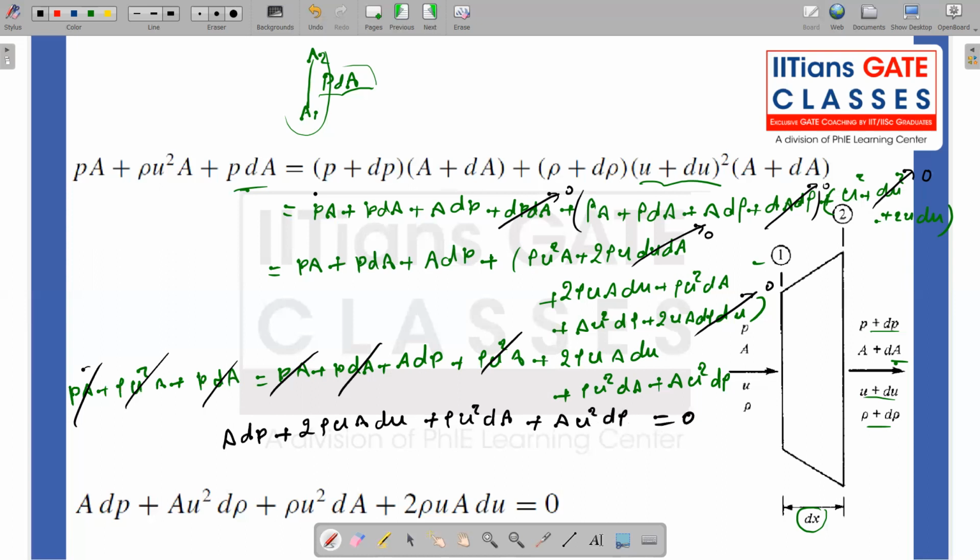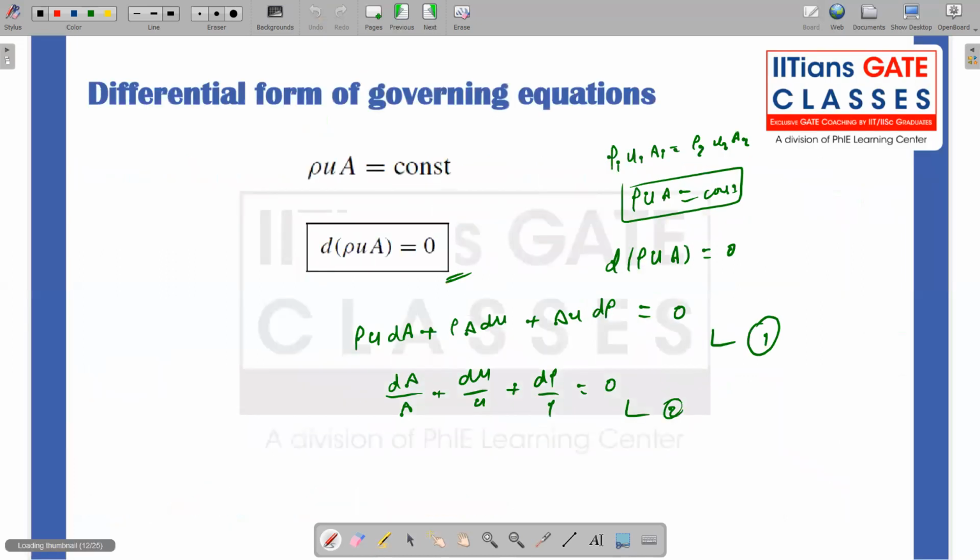The left hand side is already 0. So this is the same thing I have written over here: A dP plus A u square d rho plus rho u square dA plus 2 rho u A times du equal to 0. Now, if you look back, we had this form, right?